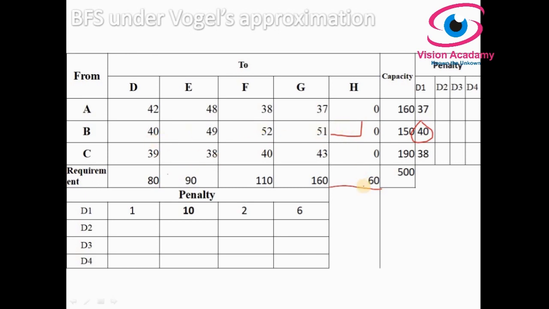Now compare requirement and capacity. The requirement is lesser than the capacity, so you can assign the whole requirement. Once you allot it, the 60 requirement of the dummy destination becomes 0, and out of the capacity you assigned 60. So the remainder in this capacity is 90.